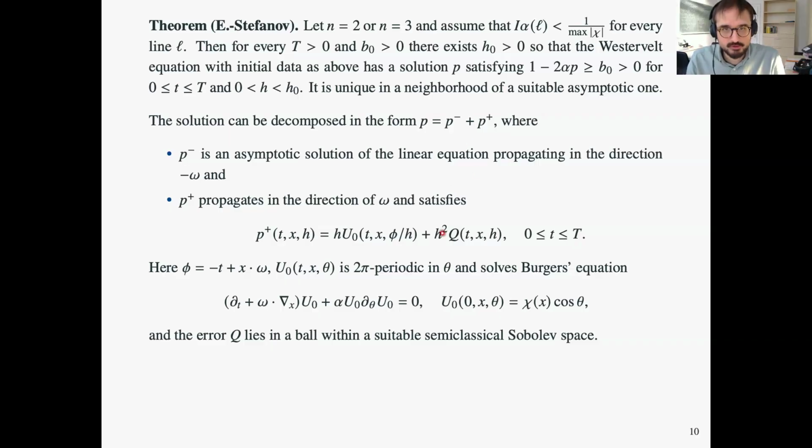And P plus propagates into the nonlinearity, which is the part of the equation that we care about. And that one, we can tell that its profiles look like, at leading order, a u naught that satisfies the Burgers equation. So we have a fairly good understanding of what the leading order should satisfy, up to an error which is in a certain space.